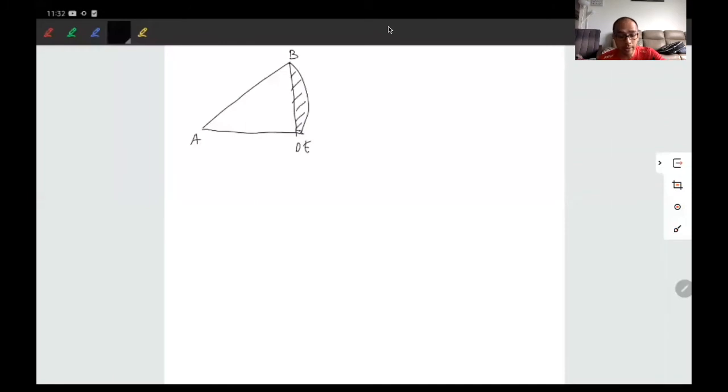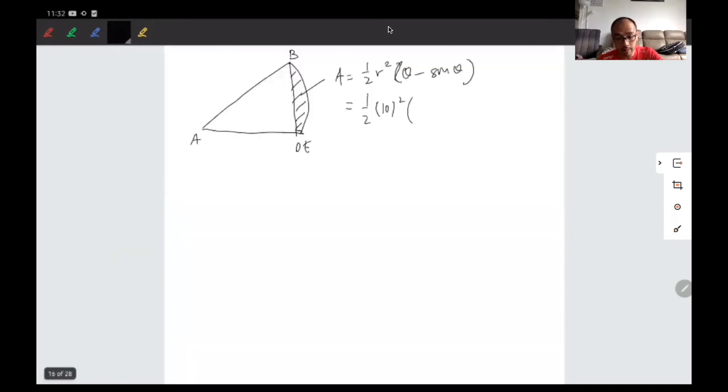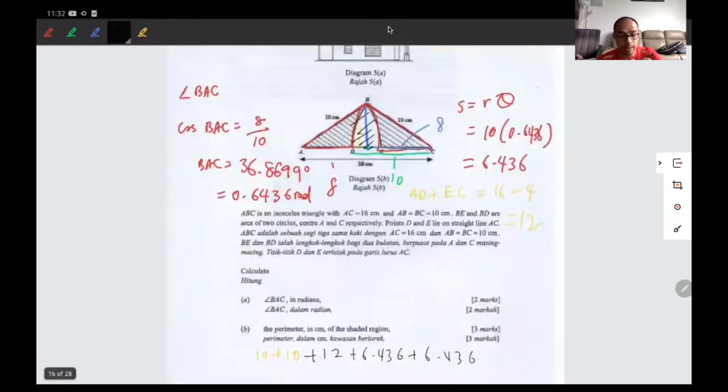So this area, as I mentioned in the first class, is 1/2 r squared (theta minus sine theta). Since we have both the angles, r is 10 squared, theta is 0.6436 minus sine, this is 36.8699.